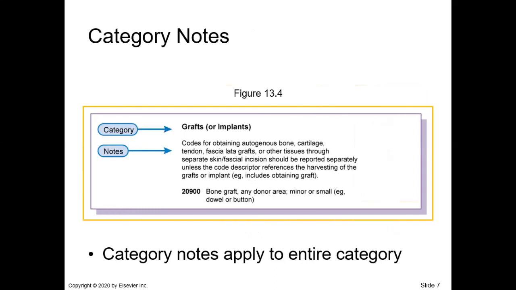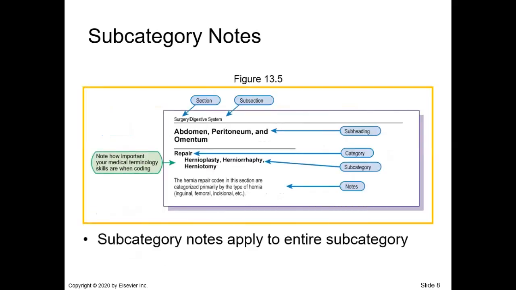So your category here are grafts or implants. And category notes apply to the entire category. Subcategory notes. And again, that's the same thing. Subcategory notes apply to the entire subcategory.